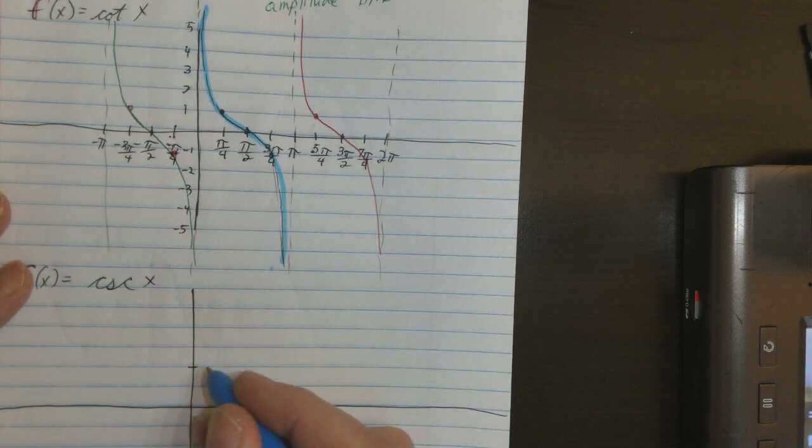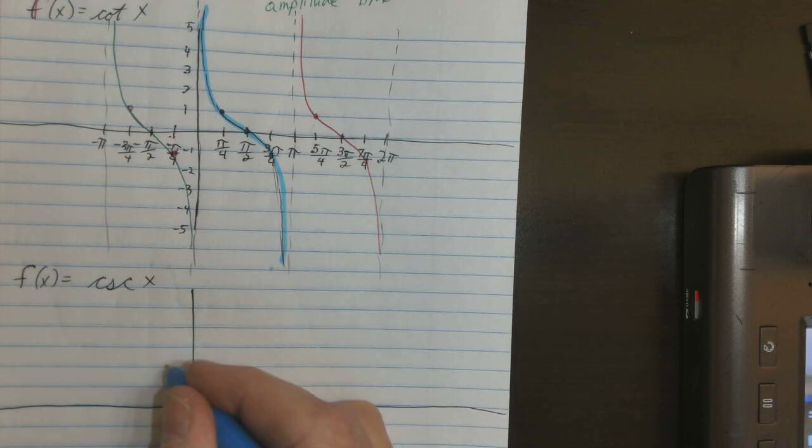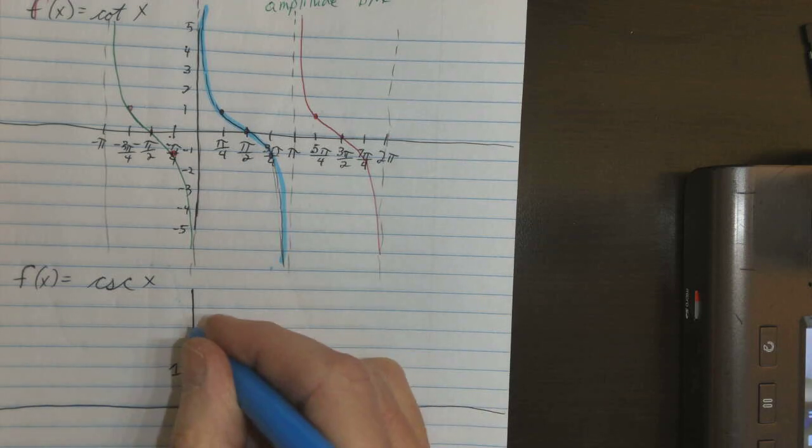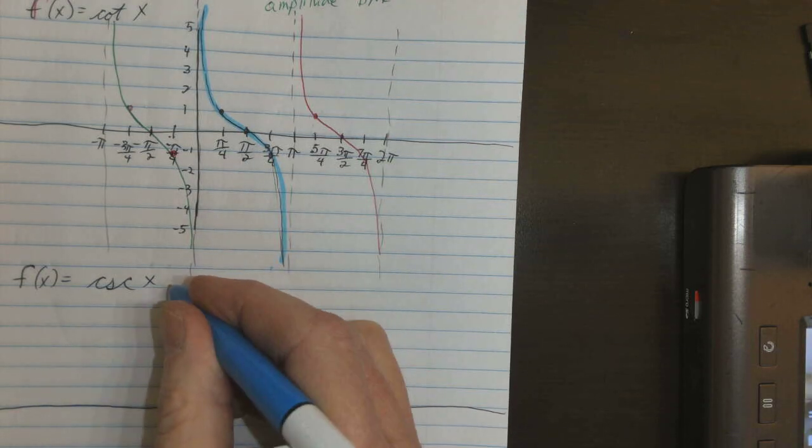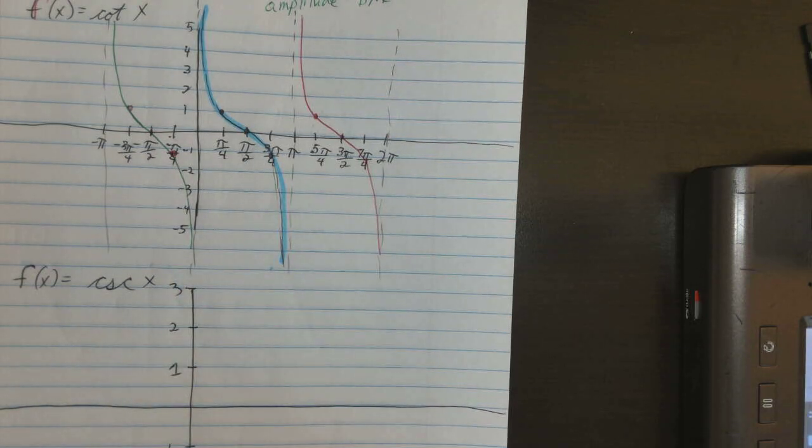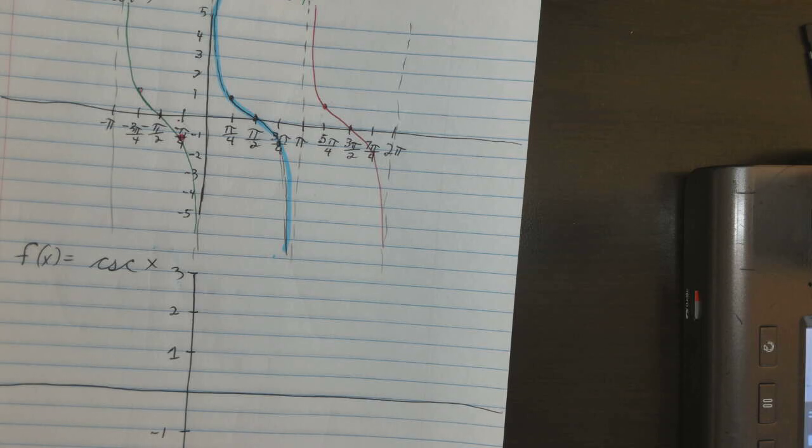Why not? Let's go by 2s. I've given myself enough room here. Or, well, let's do it like this. -1, -2, -3.